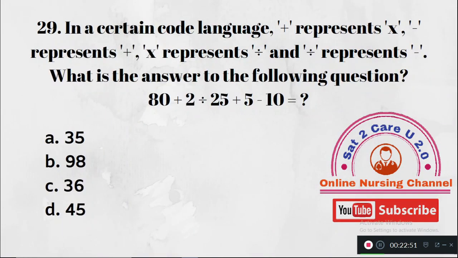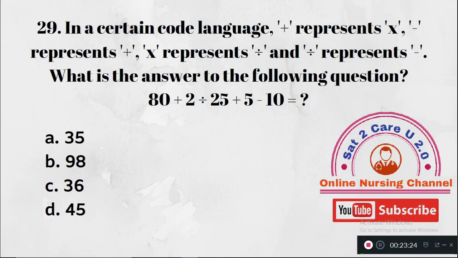Question number 29. Read the question carefully. In a certain code language, plus represents the multiplication symbol, minus represents the plus symbol, x represents the division symbol, and the division symbol represents minus. What is the answer to the following question? 80 plus 2 divided by 25 plus 5 minus 10.